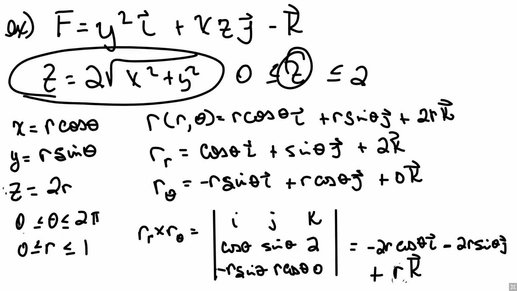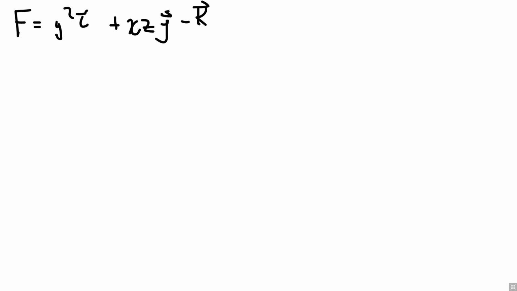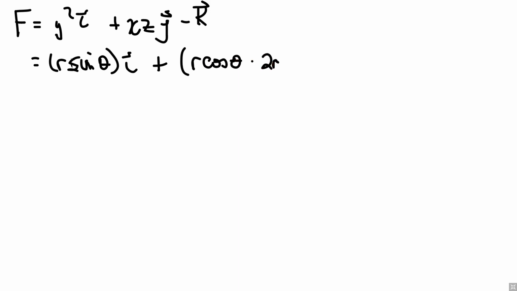In place of y, we're going to put in r sine theta, in place of x we're going to have r cosine theta, and in place of z we're going to have 2r, and minus k.